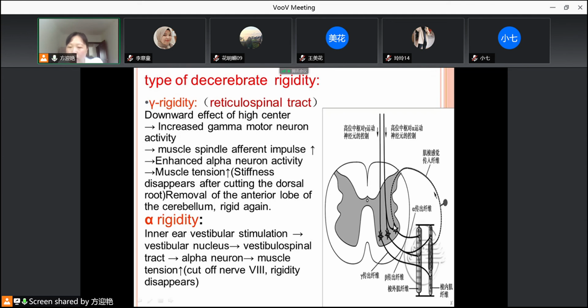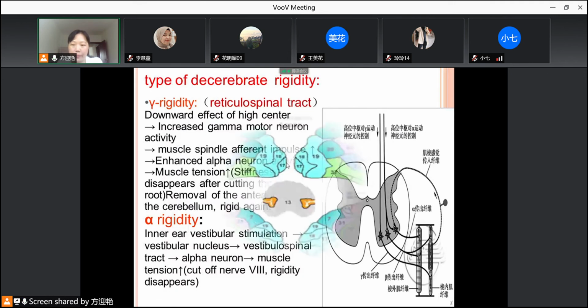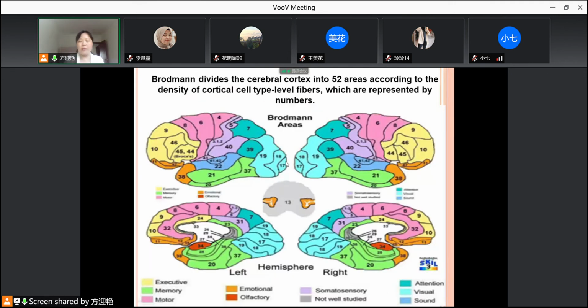In the spinal cord, we know that the gamma neurons or alpha neurons can also be controlled by the high-level center. So decerebrate rigidity can also tell us which area of the high center is damaged or diseased.